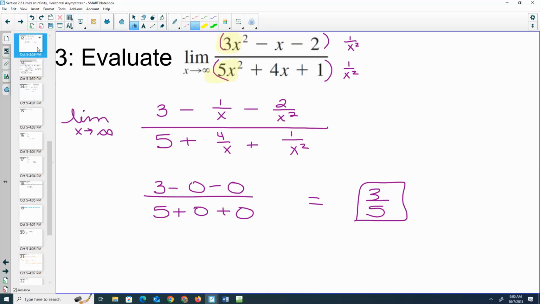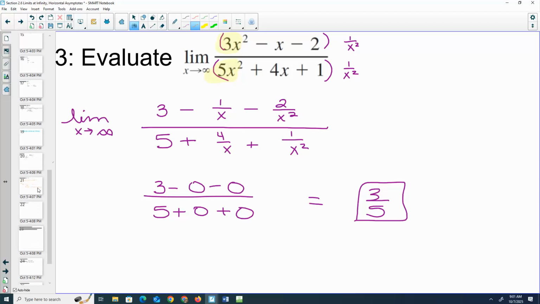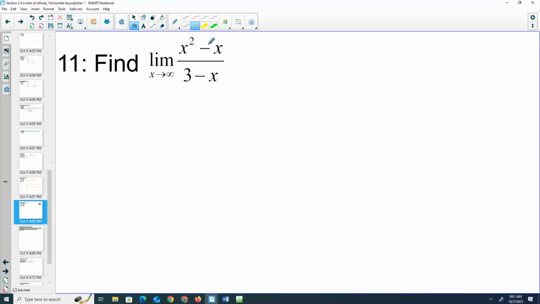It was somewhere in here. Yeah, here. We said we couldn't just plug in the infinities because we didn't know what they would go to. But we knew that if we had a number divided by infinity, it would turn into 0. So we divided everything by the highest power of x, and then we were able to simplify. So when I have those fractions, that's a solid strategy.